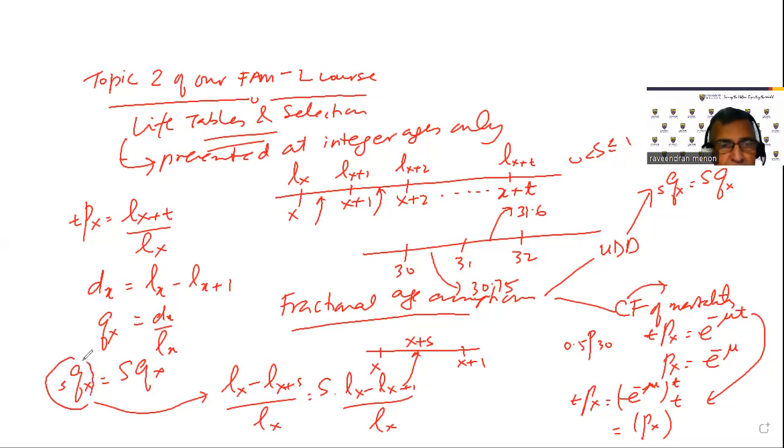We know this is a probability. If I have x and I have x plus s, this will be lx and this will be lx plus s. If I want to find the probability somebody age x dies before x plus s, I write down the number of deaths that happened here, which is lx minus lx plus s, divided by the number of people we started with, which is lx.